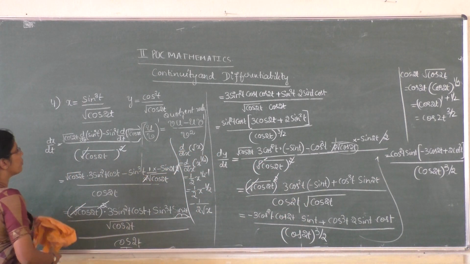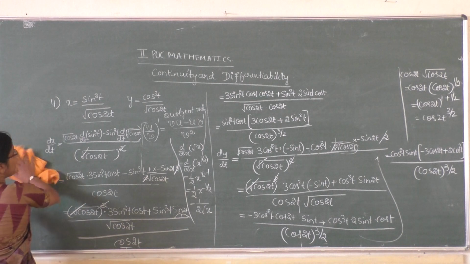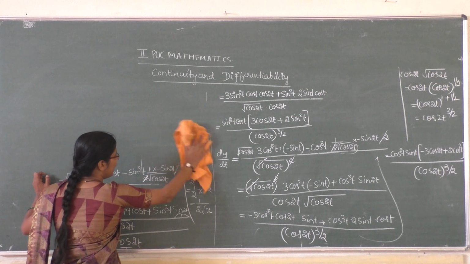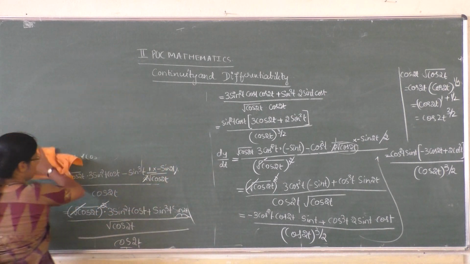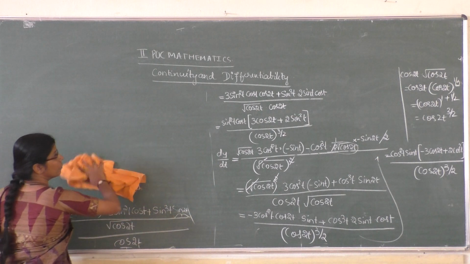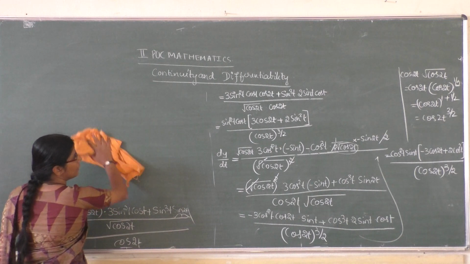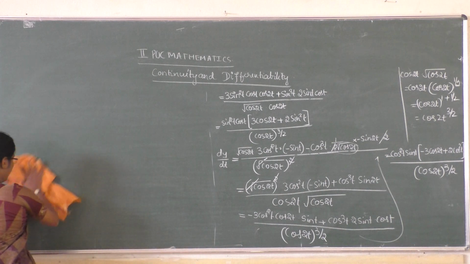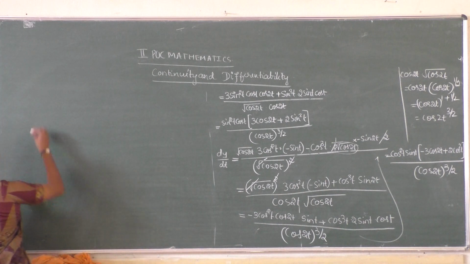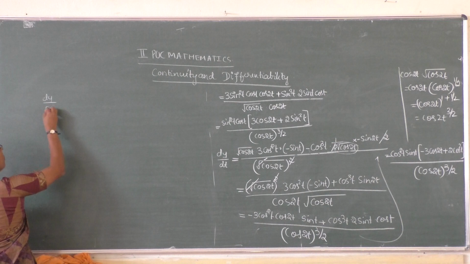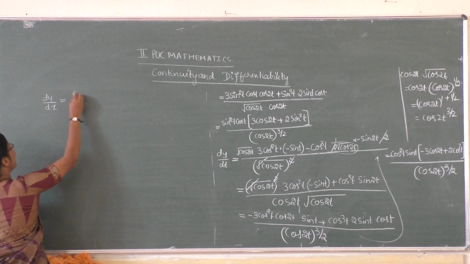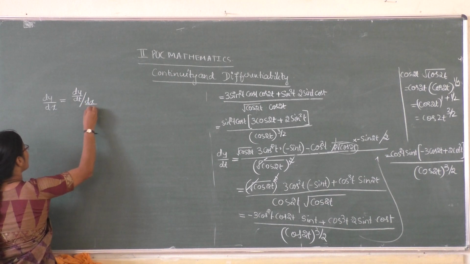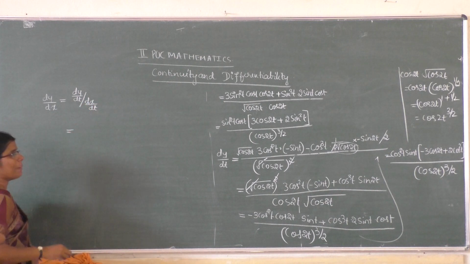So now what you have to do, you have to find dy by dx, correct. So dy by dx is equal to dy by dt divided by dx by dt, okay. Now what is dy by dt?